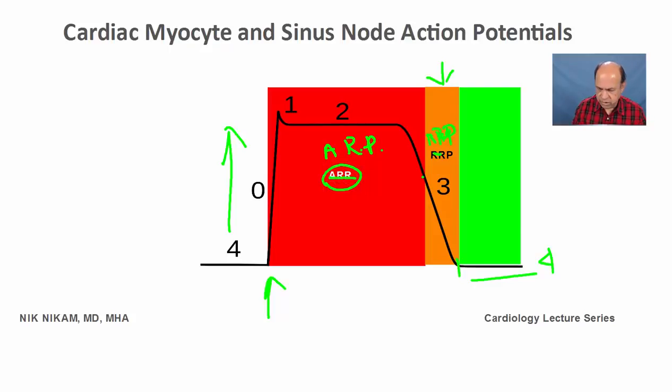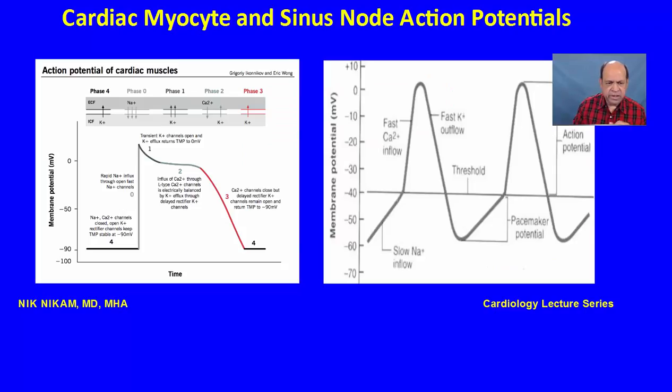So let's go a little further and look at the action potential in the myocyte compared to the action potential of spontaneous rhythmic sites such as the sinus node, AV node, Purkinje fibers, or even myocardial cells as such.